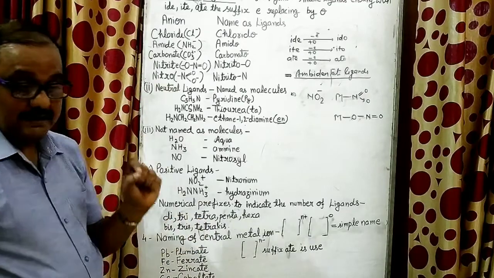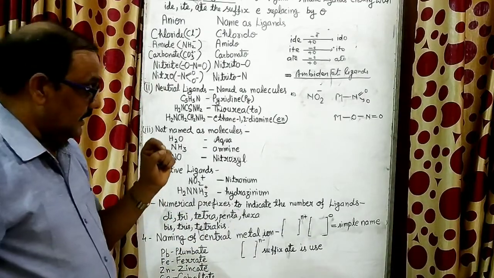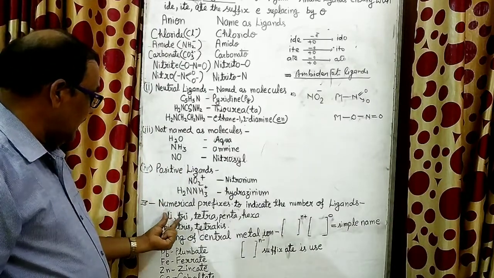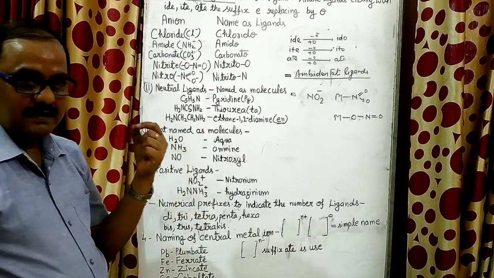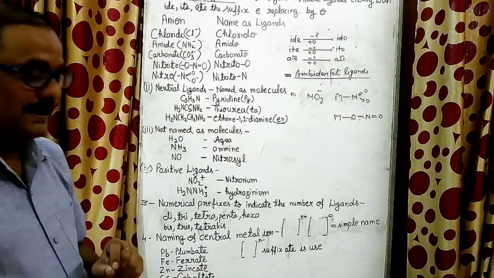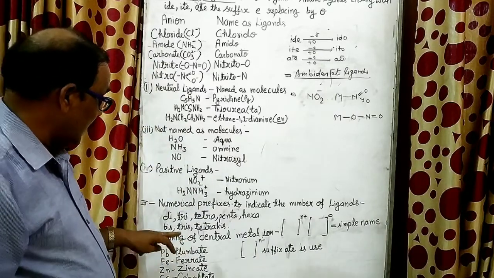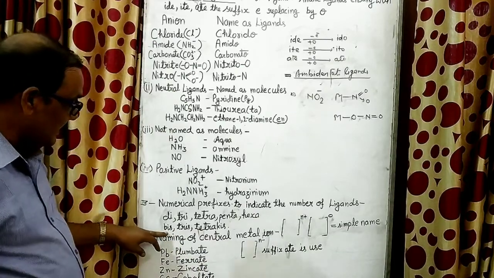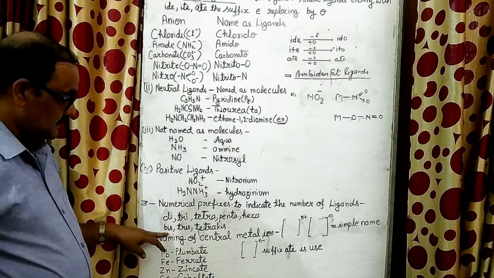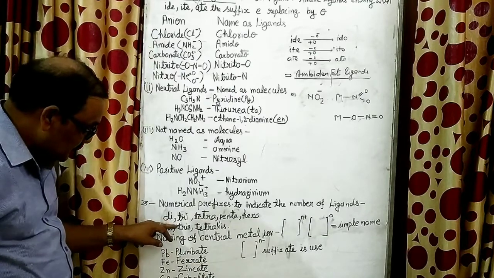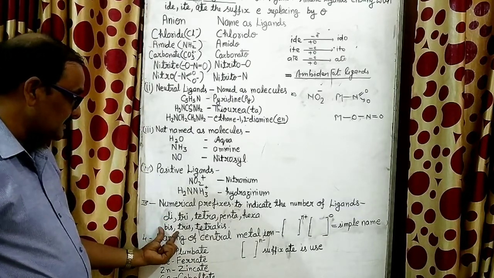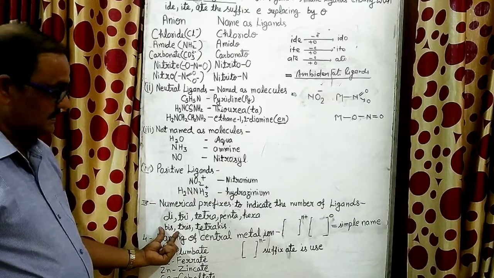Okay, but if the prefixes di, tri, tetra are already used in the name of the ligands, then to avoid confusion, for the number of ligands, if two similar ligands are present, the term used is bis.